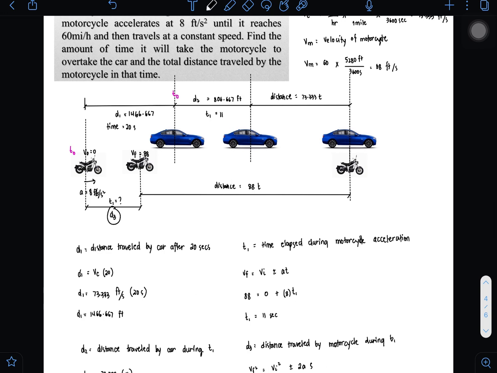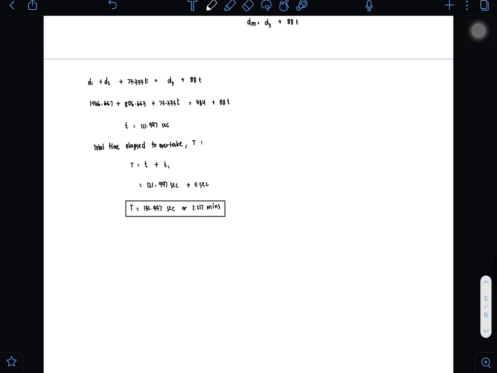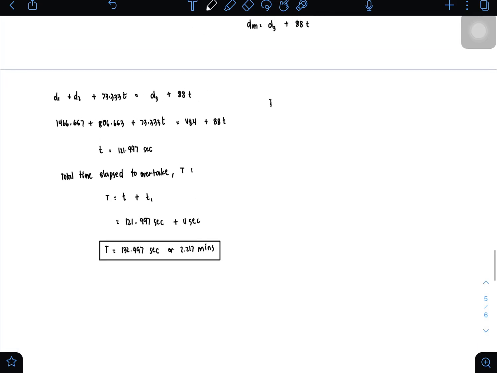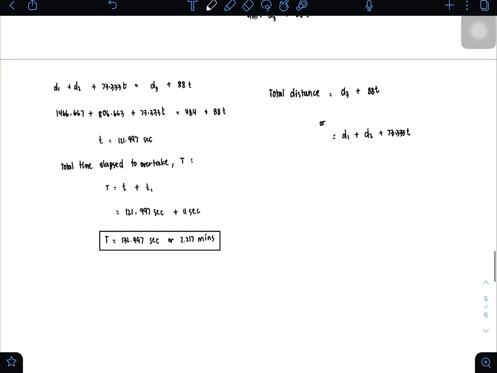So that's D3 plus this one. So total distance is D3 plus 88 times time, or that would be D1 plus D2 plus 73.333 times the time. Okay, so we're going to check if they match.